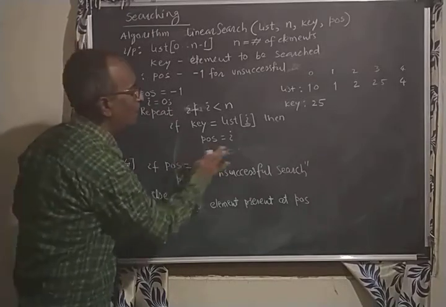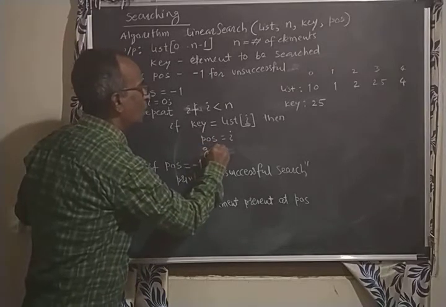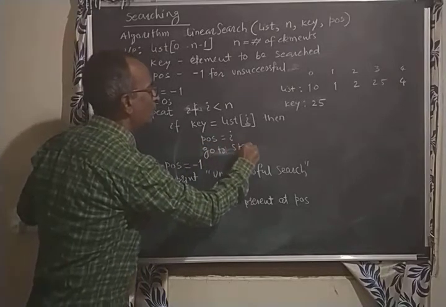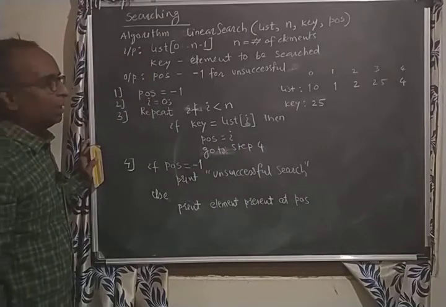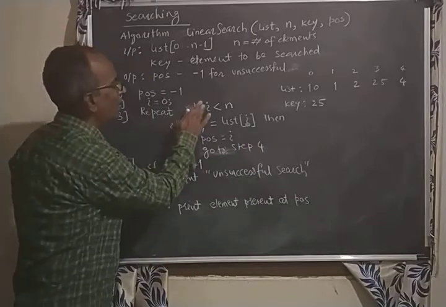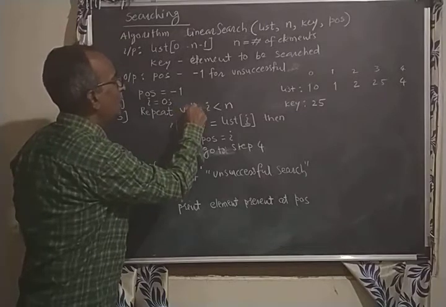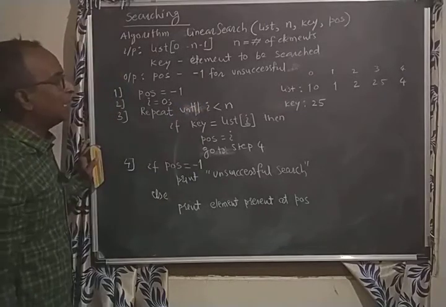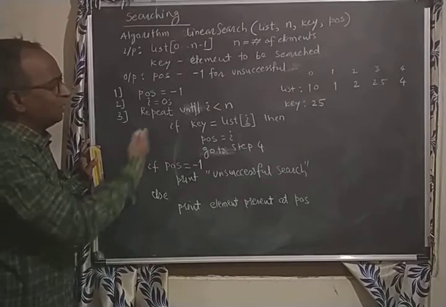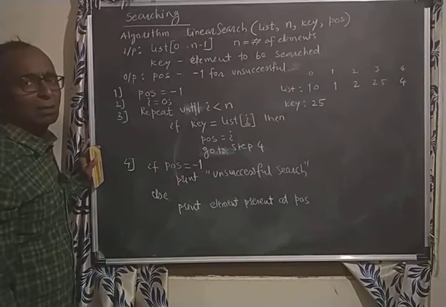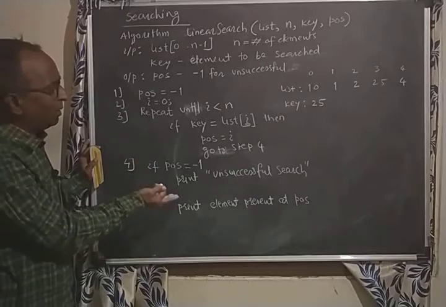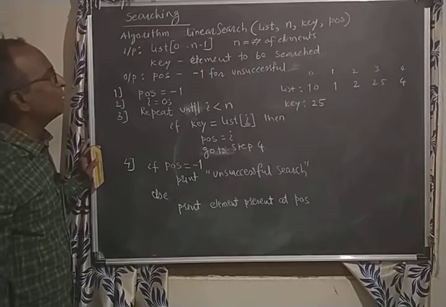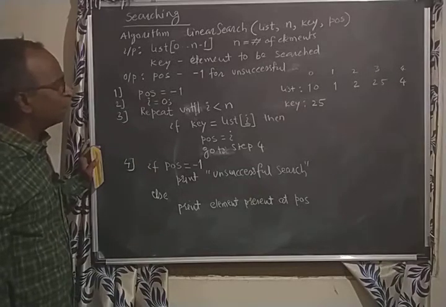Instead of break, you may write go to step 4. Or write repeat until i is less than n. So different syntax is used in different textbooks. So this we can use in this sequential or linear search method.